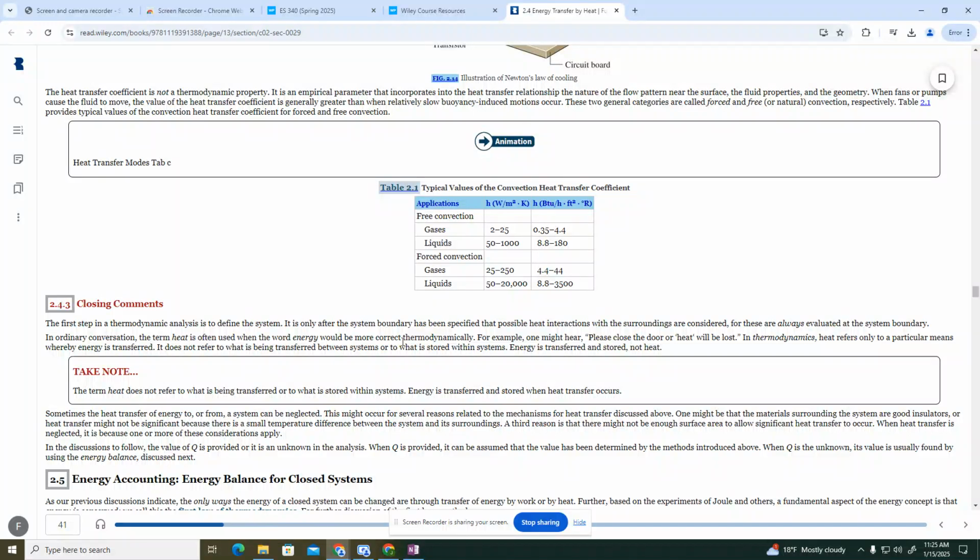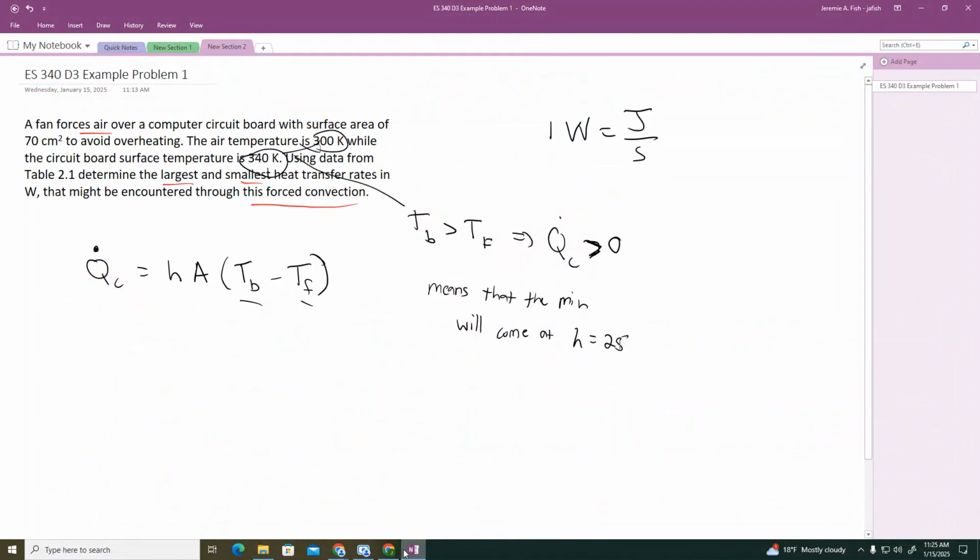Watts per square meter times Kelvin. And the max will come at H equal to 250 watts per square meter times Kelvin. Okay?